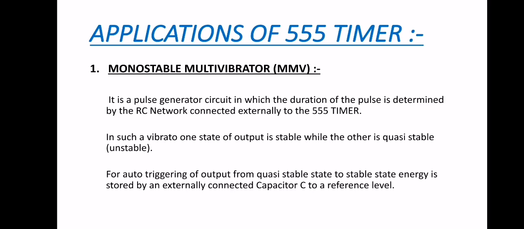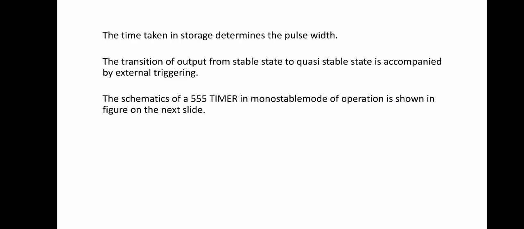For auto-triggering of output from unstable state to stable state, energy is stored by an externally connected capacitor C to a reference level. The time taken in storage determines the pulse width. The transition of output from stable state to unstable state is accompanied by external triggering. The schematic of a 555 timer in monostable mode of operation is shown in the figure, which I will show in the next slide.